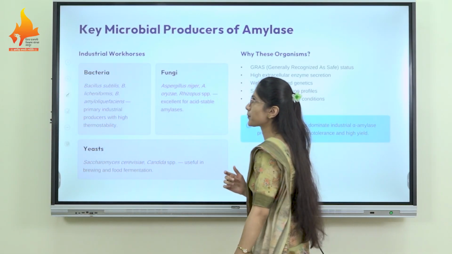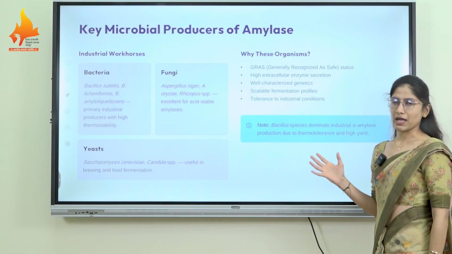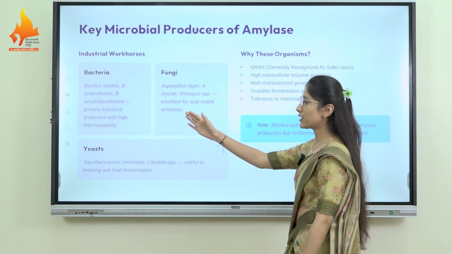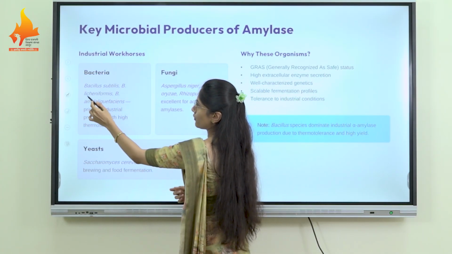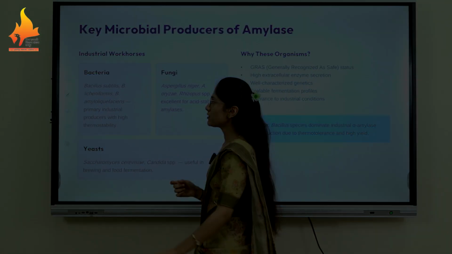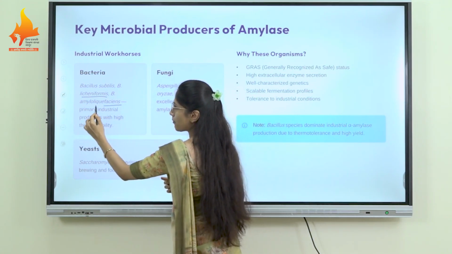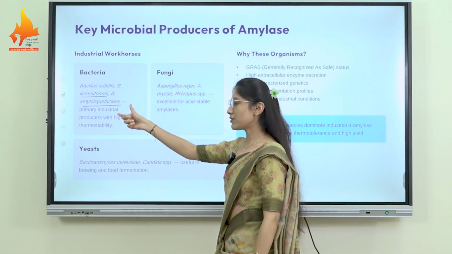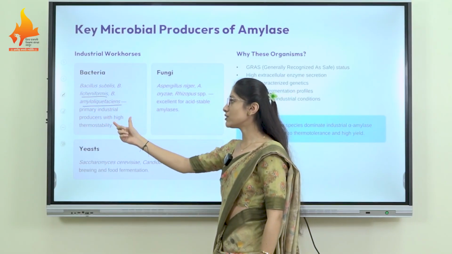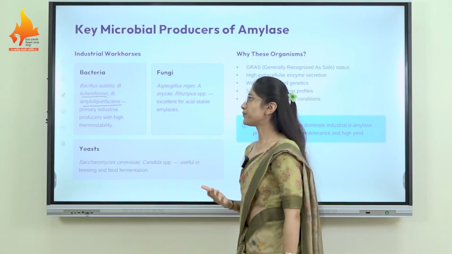Moving forward, the microbial producers of amylase include bacteria, fungi, and yeast. Bacteria, for example, Bacillus subtilis, Bacillus licheniformis, and Bacillus amyloliquefaciens. Bacillus amyloliquefaciens is the primary industrial producer with high thermostability.